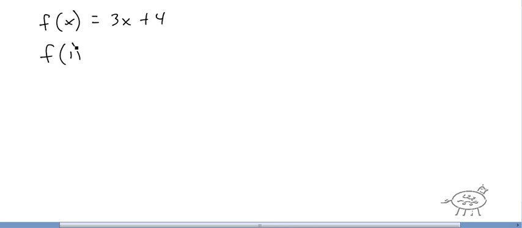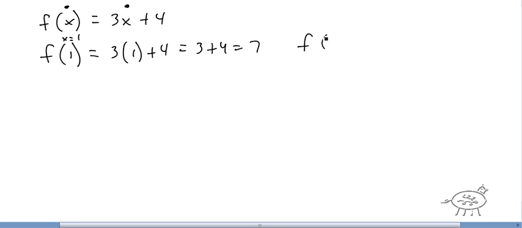So f of 1. That means you are going to take a 1, because remember this x right here and this x right here are really the same thing. So it's like saying x equals 1 here. And so you're going to put a 1 into this x here. So it's going to be 3 times 1 plus 4. So we get 3 plus 4 equals 7.